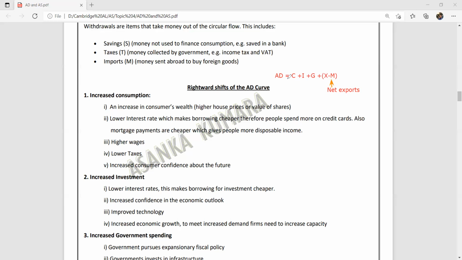Sometimes we will realize in practice fluctuations. What are the fluctuations? C increases, I fell. Government spending increased, even export increased. Different fluctuations.